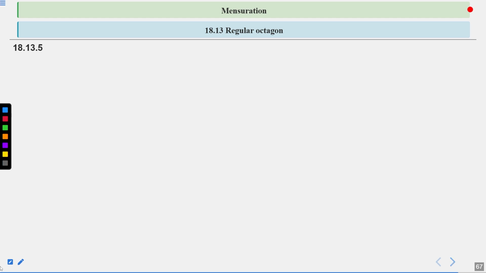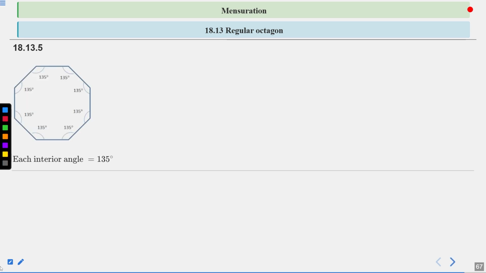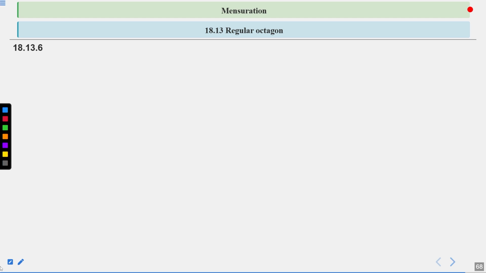In regular octagon 18.13.5. So this is the diagram. Now we can clearly see that each interior angle in a regular octagon is 135 degrees. In regular octagon 18.13.6. This is the regular octagon.